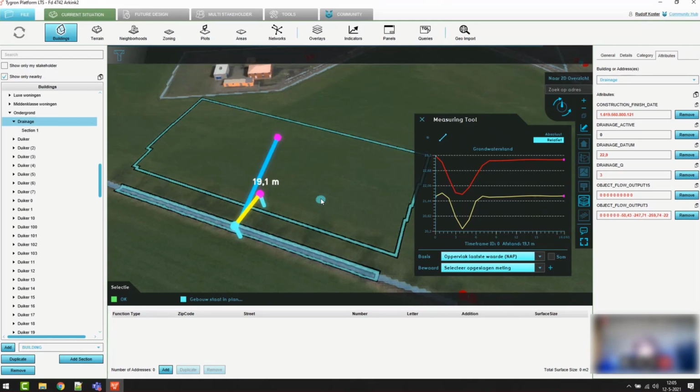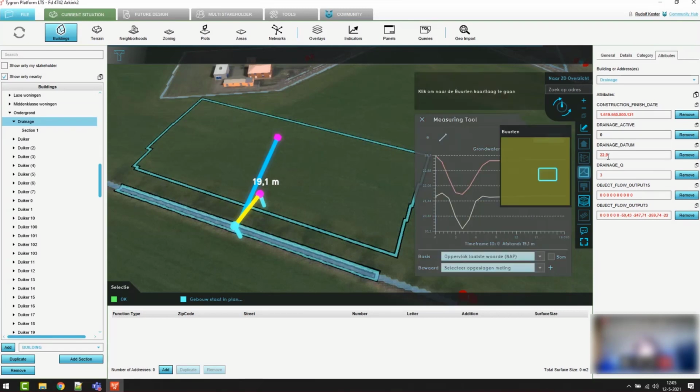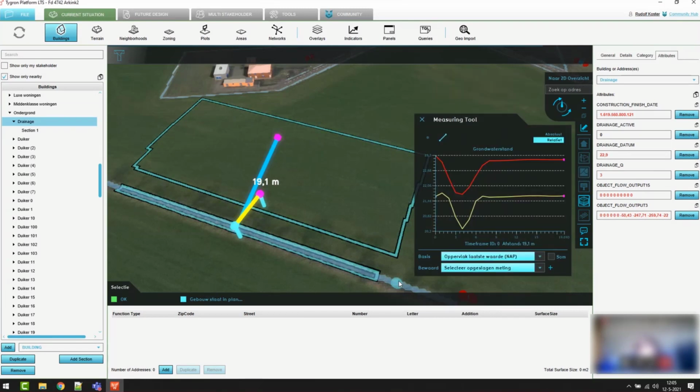Active drainage can actually force more water one way or the other, even when the water level is above it. But for passive drainage, the drainage datum is required to be a valid value. So we've added that note. And I've also added that to this setup. I've placed it at 22.9 meters.